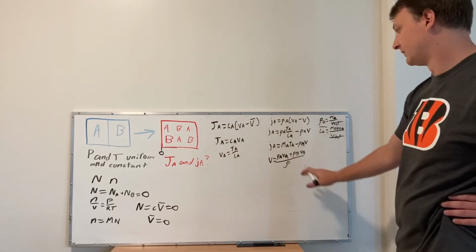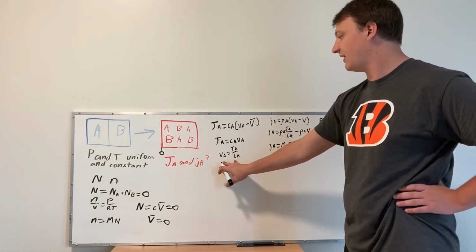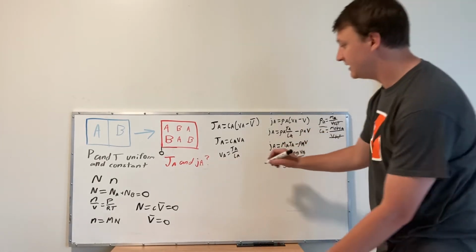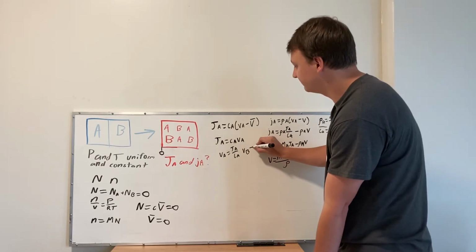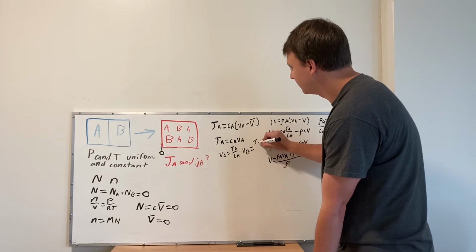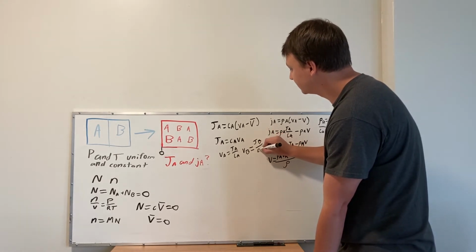Now, we know that this is the velocity of A. The same thing is going to happen if we were to do velocity of B. We get the molar diffusive flux of B and the concentration of B.